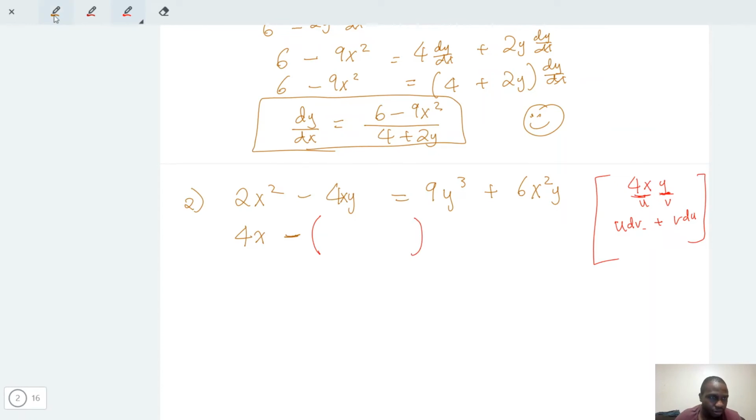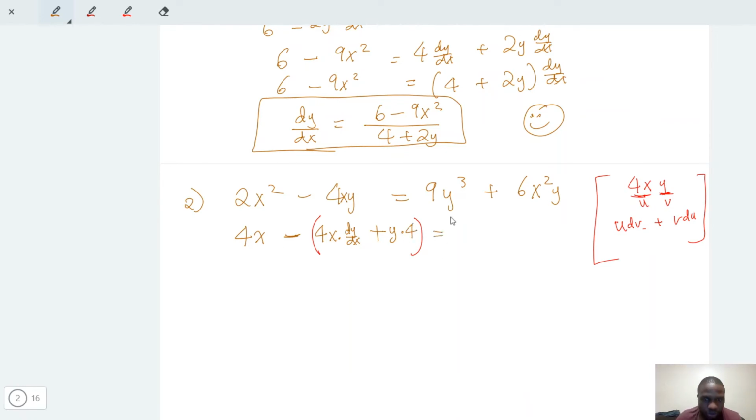So minus, open brackets, u is 4x times the derivative of y, which is just dy/dx. Again, y is some complicated function of x that we don't know, so when we find the derivative, we write dy/dx, plus y times the derivative of 4x, which is 4. That's all you need.